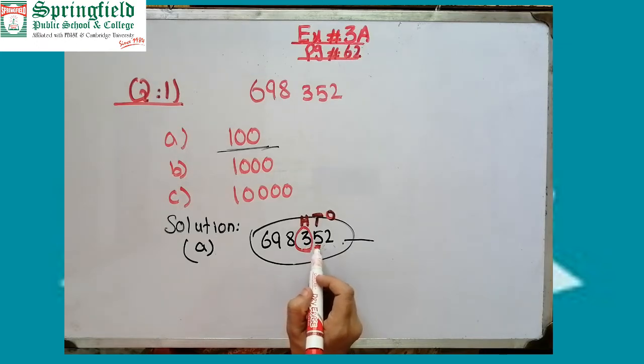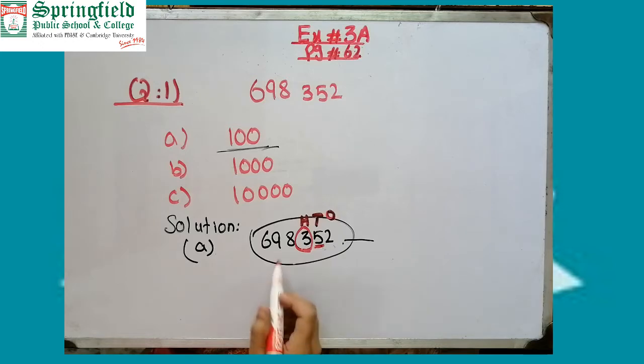The next digit is 5, and as we know, when the digit after the circle is 5 or greater than 5, we add 1 to the circled digit, and when it is less than 5, the circled digit remains the same.